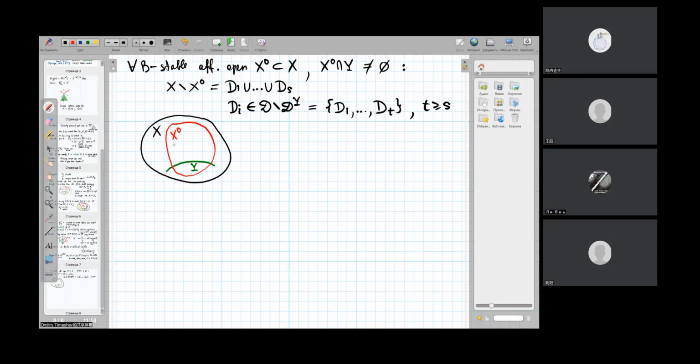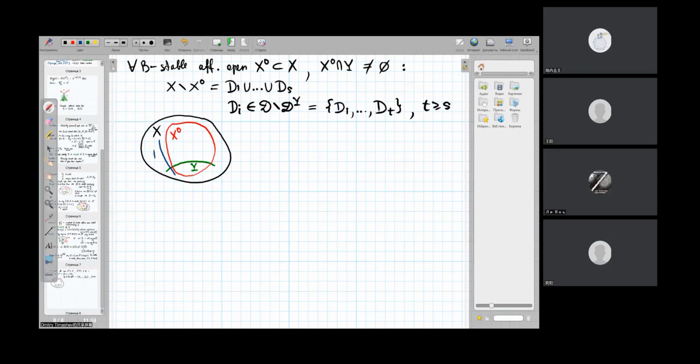We have colors in the complement of this open subset. Say, this one. The colors in the complement of this open subset, these are this D1, ..., DS.